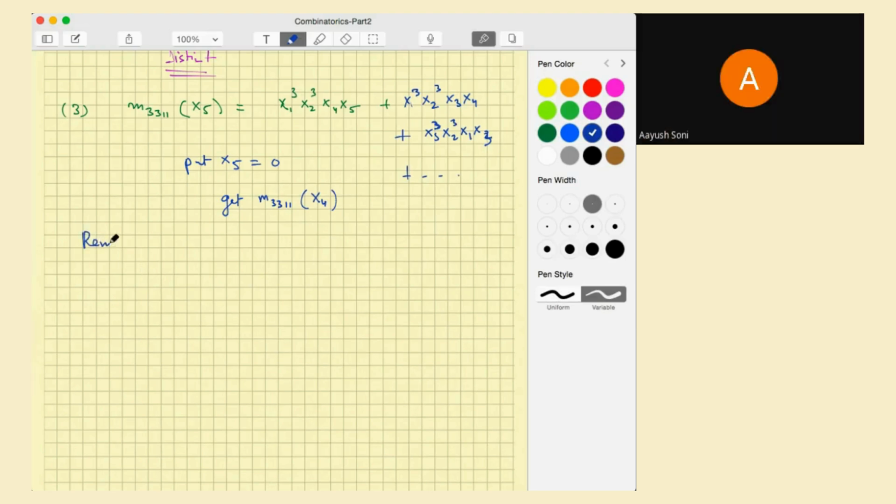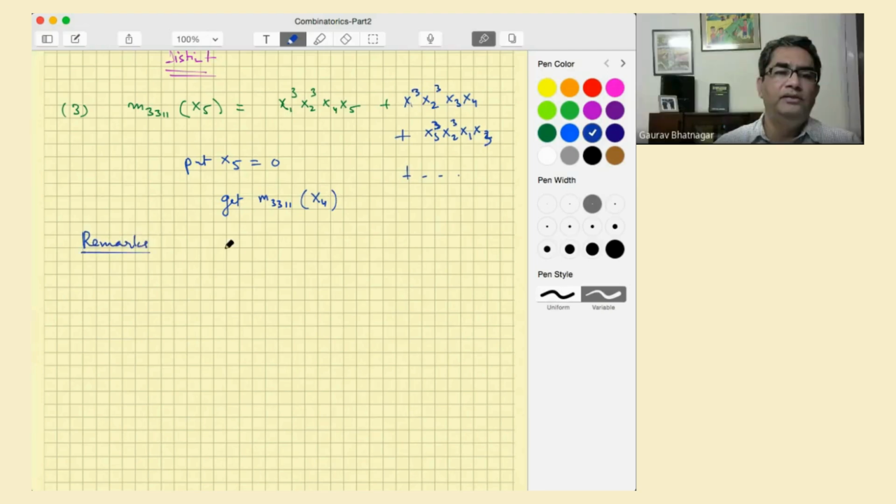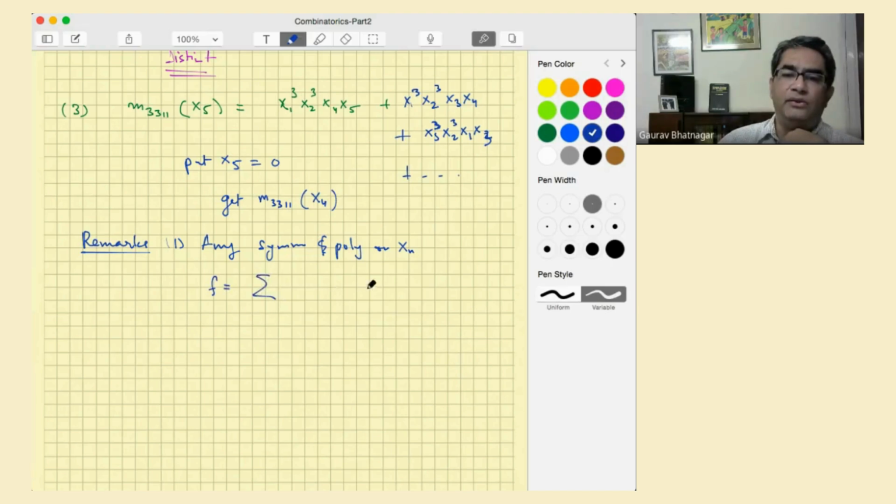Okay, so any symmetric polynomial in Xn will look like this. So some x1 raised to a1, x2 raised to a2, and so on, xn raised to an. And then there is some coefficient here, right?